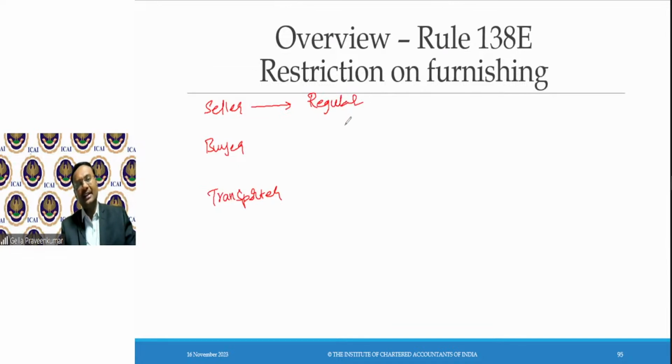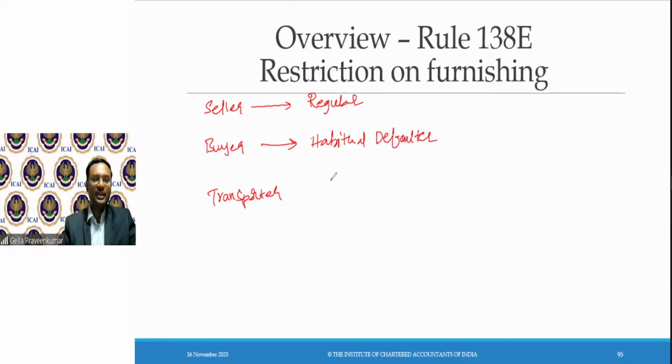Every month, the seller files a return and pays the tax legitimately. The buyer happens to be a habitual defaulter. Now, when the buyer is a habitual defaulter, what he does is collect the tax but not pay the tax.